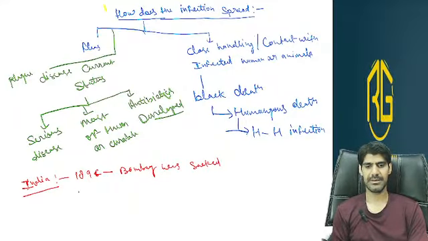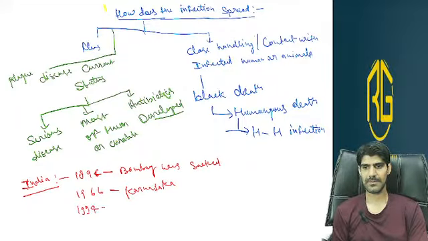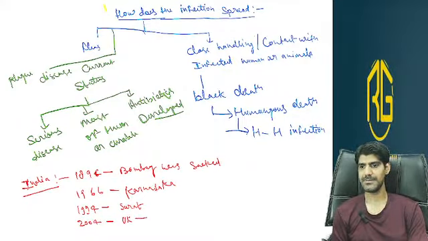In 1966, Karnataka was affected, and in 1994, Surat, and in recent time, 2004, Uttarakhand faced the brunt of the plague disease.